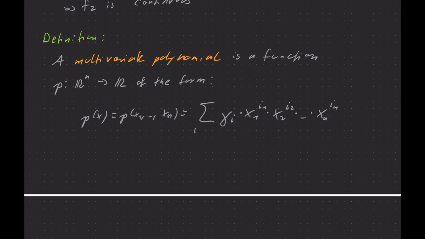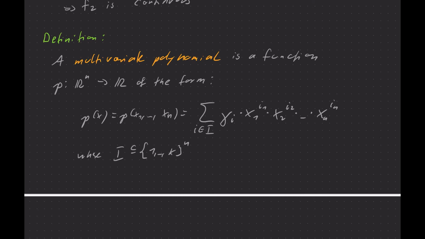And we're going to sum over I in a certain index set, capital I, where this capital I is a subset of the set 0 to k to the n for some power k. So basically we are assigning each of those x1, x2, x3 some power between 1 and k.